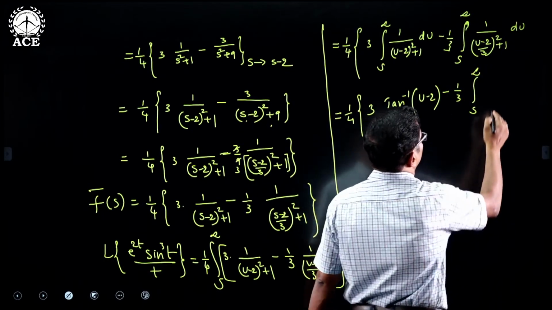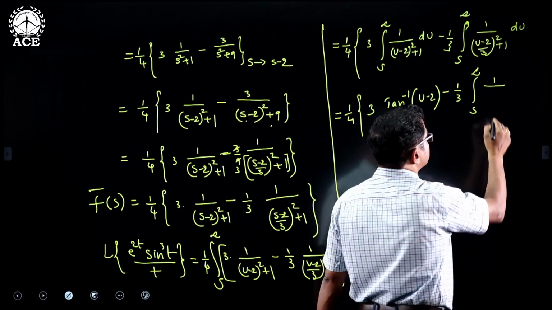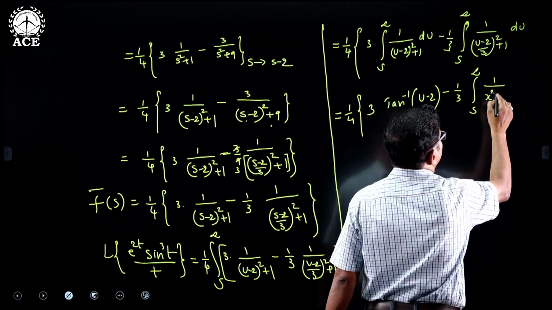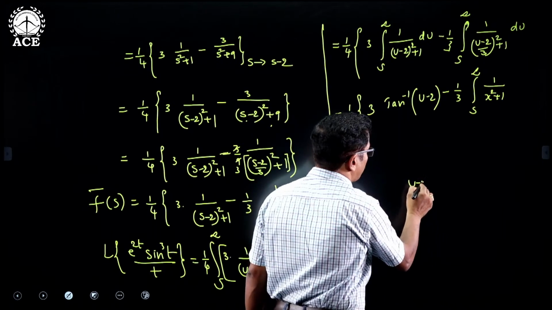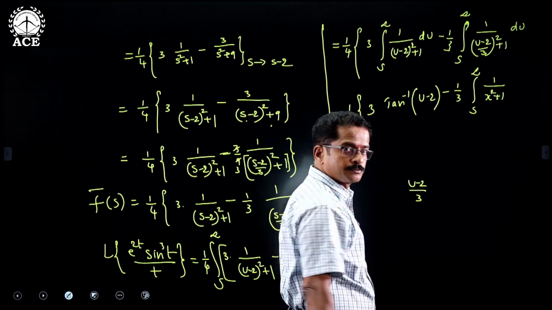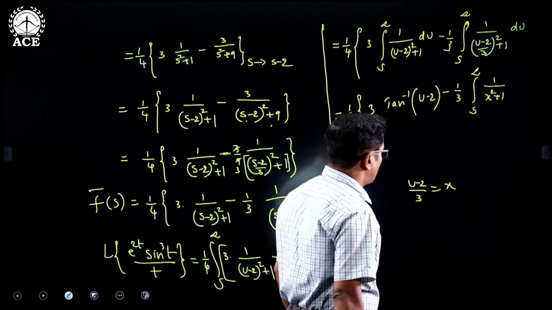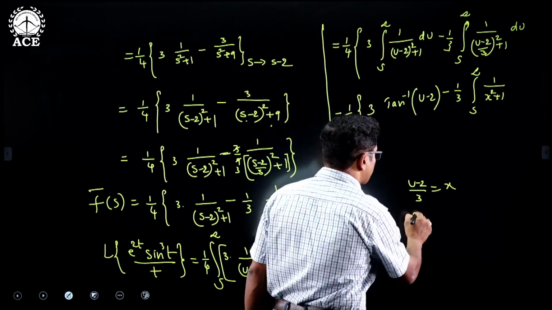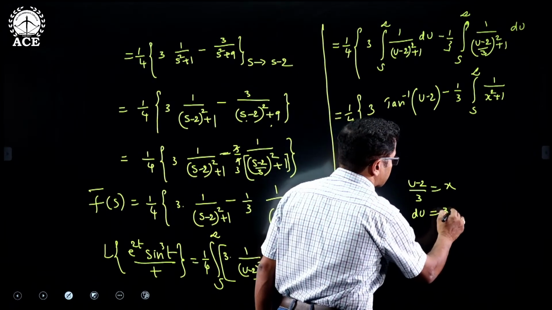Here I am taking 1 by u minus 2 by 3 as some x square plus 1, u minus 2 by 3 is equal to some x, if I take. What do you get here? Differentiation of u minus 2 is du equals 3 dx.